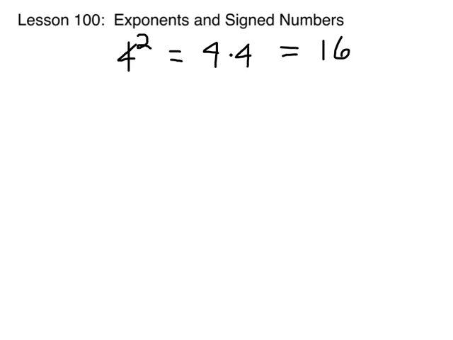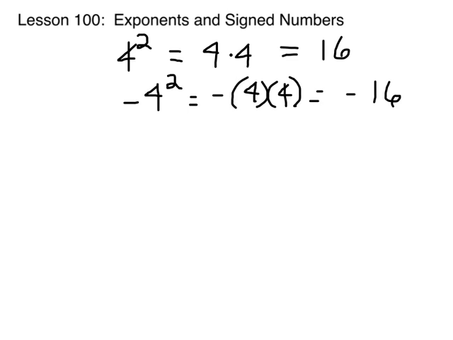Now, if I see negative 4 squared written like this, what that indicates is the opposite of 4 squared, which would be negative 16.